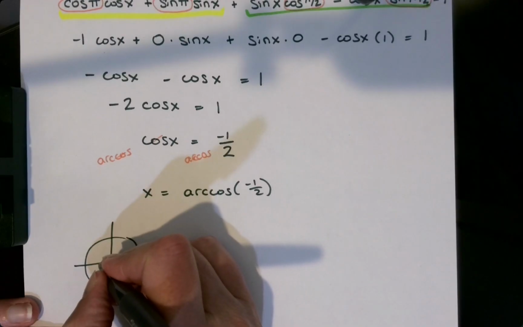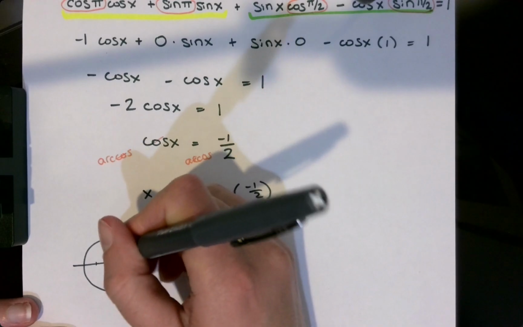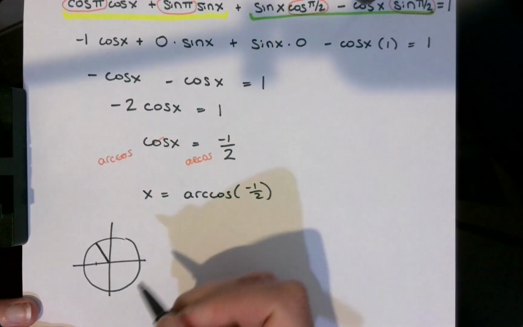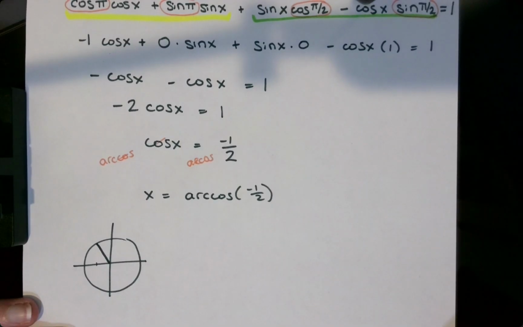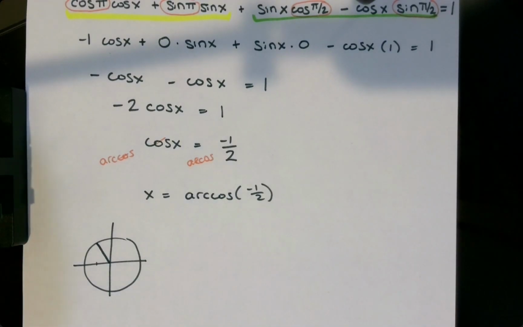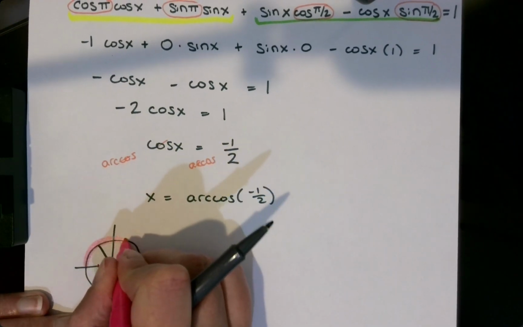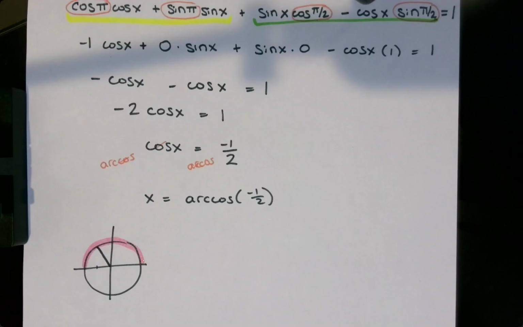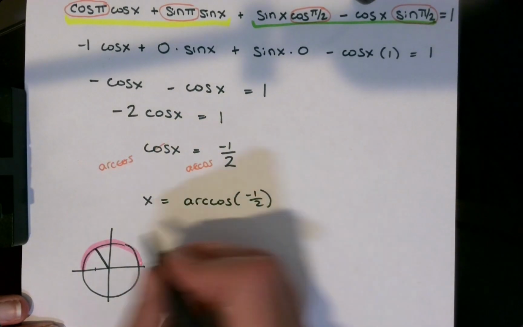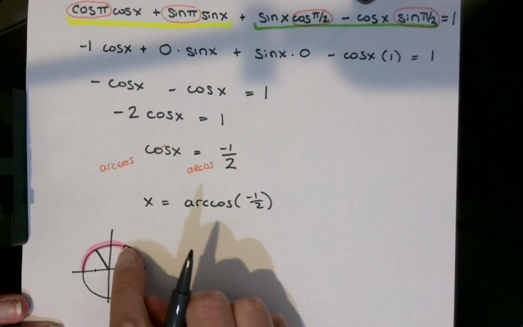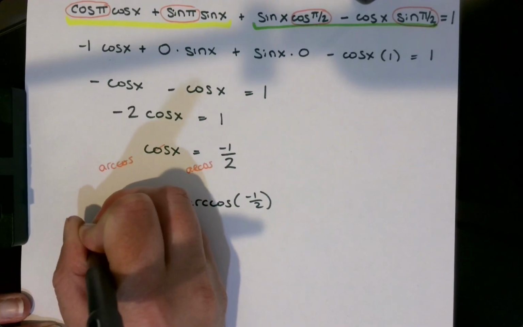So we're going to need to have the angle that has the taller and shorter side. Remember, arc cosine is going to return things that are between 0 and pi. This is the output of arc cosine. And if it was positive, I would have gotten pi over 3. Since it's negative, I'm going to get 2 pi over 3.